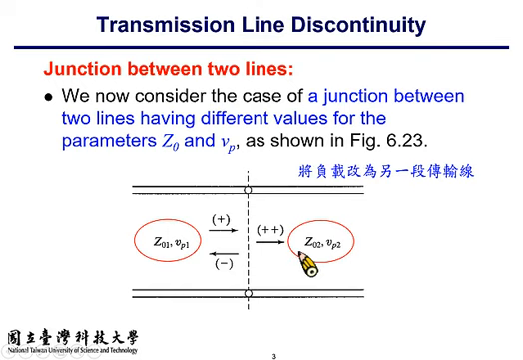Due to the difference in the characteristic impedance, that is, Z sub 01 is not the same as Z sub 02, it will set up a reflected part, reflected wave. It's labeled with the minus sign, and its propagating direction is to the left.